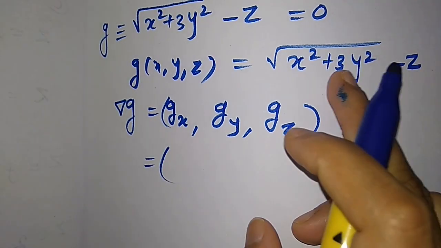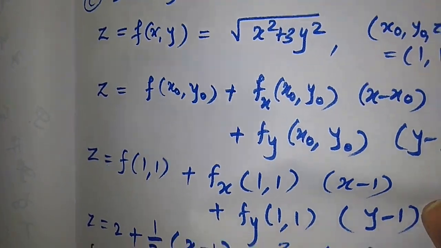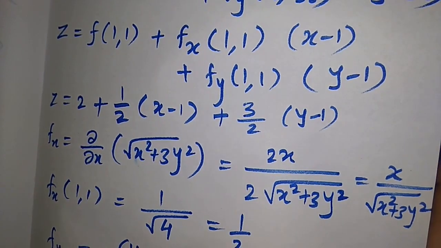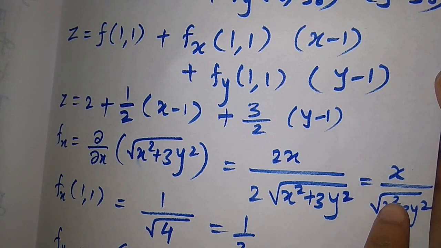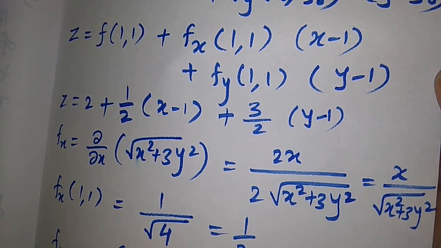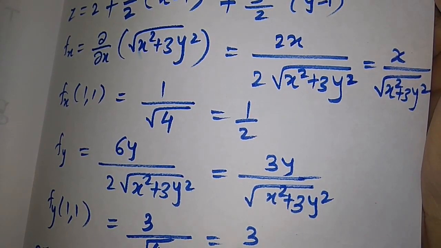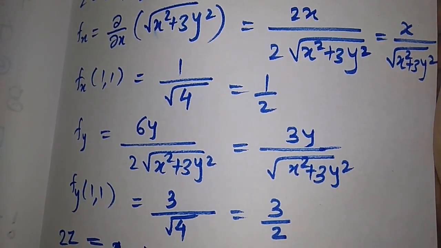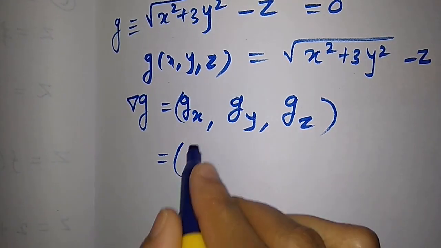So the derivative of this with respect to x is just x upon square root of x square plus 3y square, evaluated at 1, 1. So it does not contain z, so there is no question about the third point, so it is just 1 by 2. Then again same thing for gy, it is just 3 by 2, and just calculate gz at 1, 1, 2.